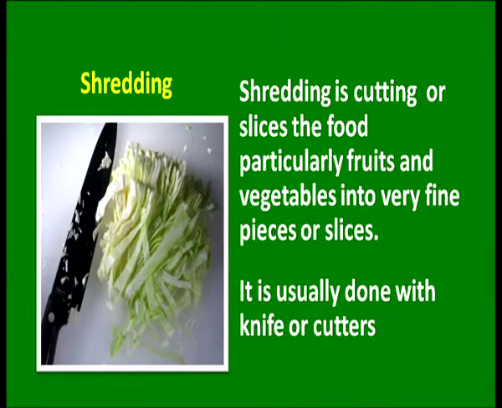Shredding. Shredding is also a type of cutting or slicing, particularly used for fruits and vegetables when we need the pieces or slices in fine form, and we use the knife or the cutter. I'll show you how you can shred the apple when it is needed, particularly to make any kind of food product.